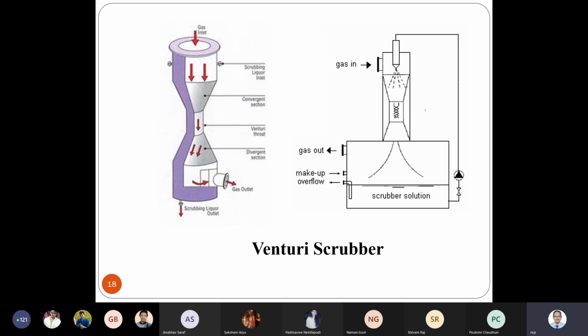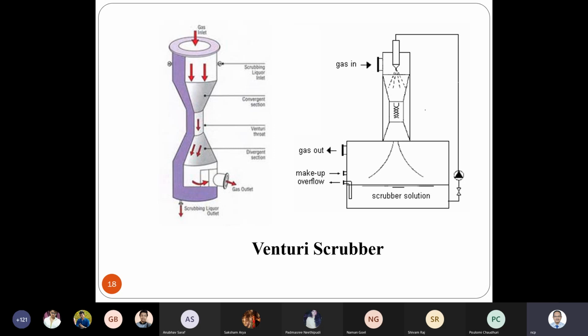An important thing is that as the gas is sucked in, the gas pressure drop is low. So we can use low pressure gas in this case, and we don't have to push the gas at high pressure into the contactor. Also, if the scrubbing liquid contains suspended particles, that will not harm here.